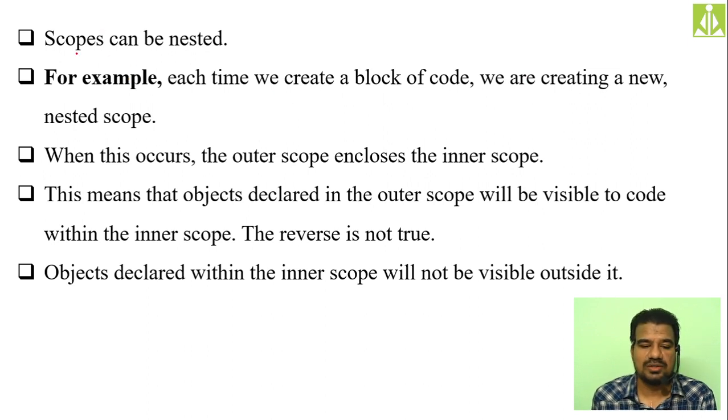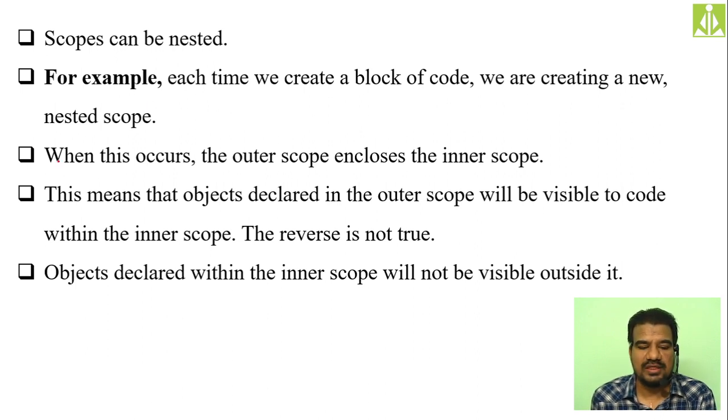Okay, so scopes can be nested. For example, each time we create a block of code, we are creating a new nested scope. Ultimately, all the control structures we can use within a method only. So whenever you use a control structure within a method, in short, we are creating a new scope. We are creating a nested block only.